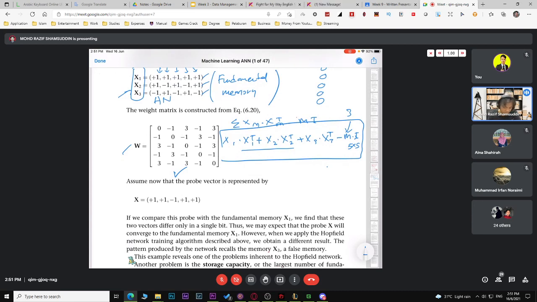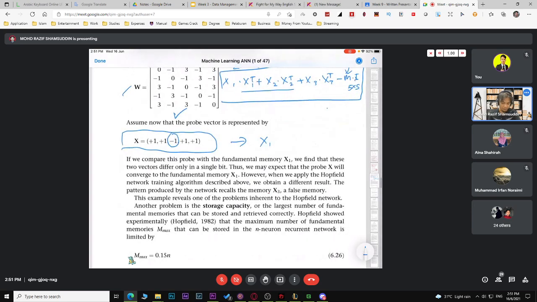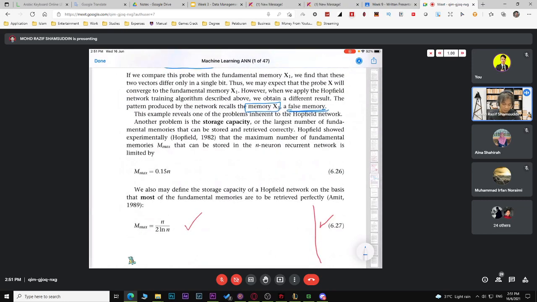Tetapi bila kita present dengan probe yang baru, okay, probe yang baru which is this one, only one value is a negative value, so supposedly it will converge to the fundamental memory x1. So that is not the case because dia kata untuk contoh yang ini dia recalls x3 which is a false memory kan. You kena buat lah yang ni, you akan tahu.